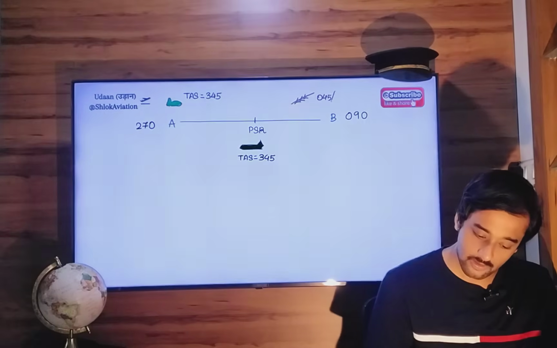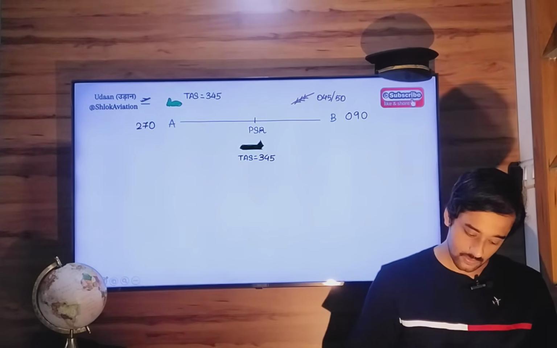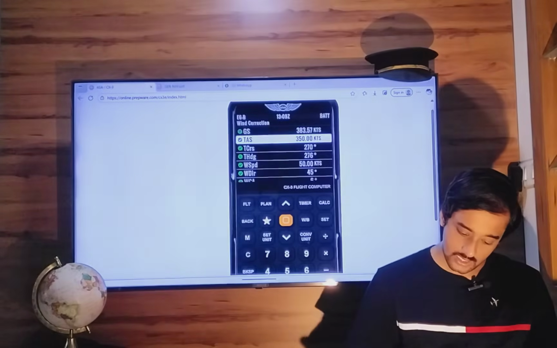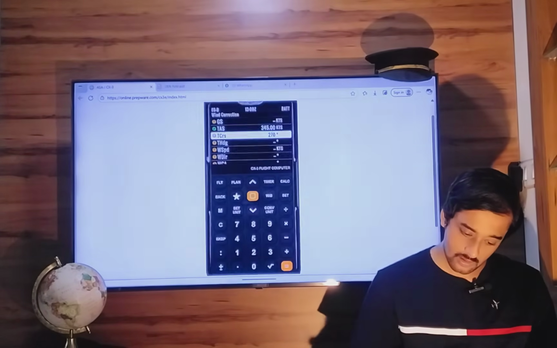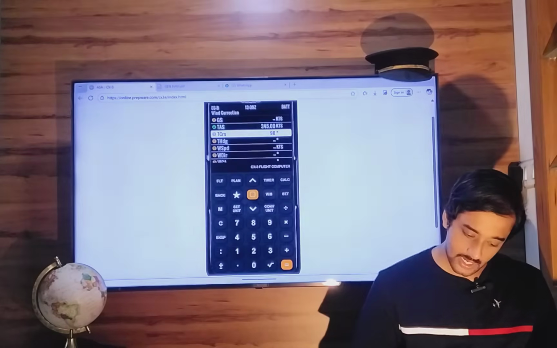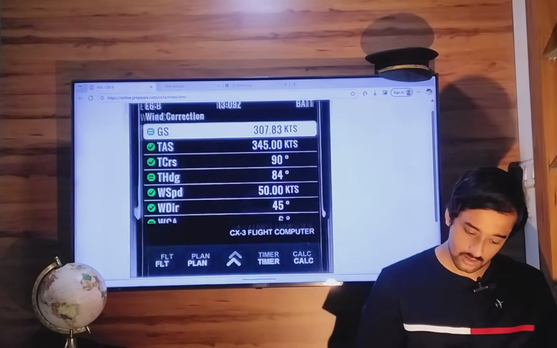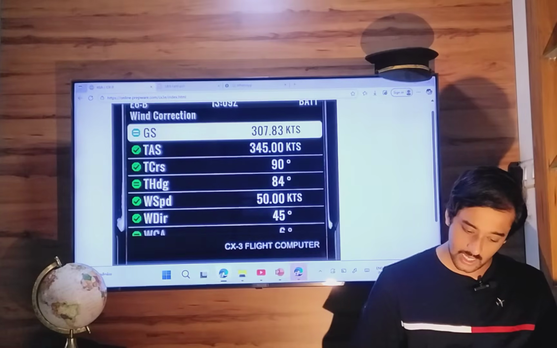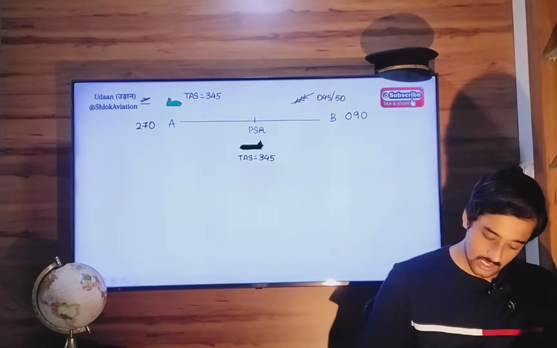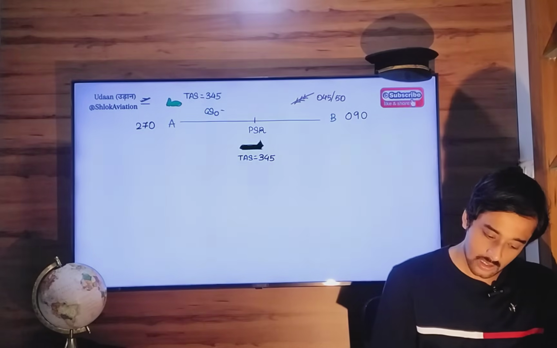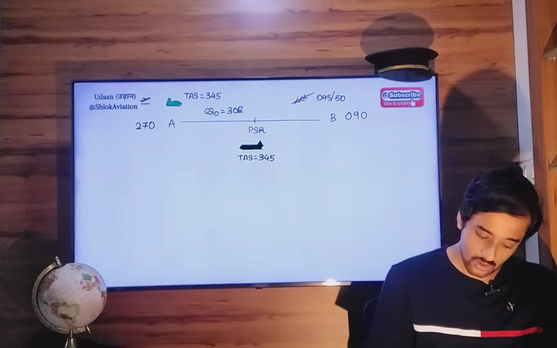So let's use CX3. TAS 345. Outbound course 90 degree. 50 knots at 45 degree. So ground speed is 308 knots. Okay. So outbound ground speed is 308 knots.